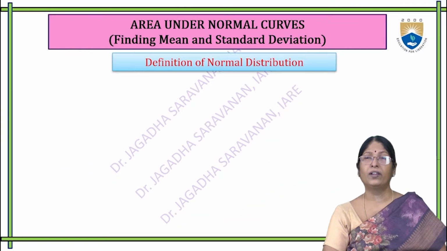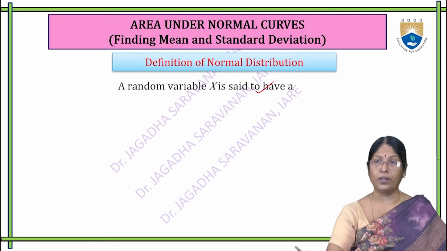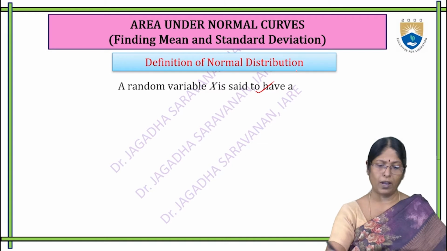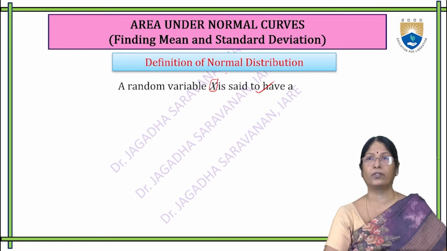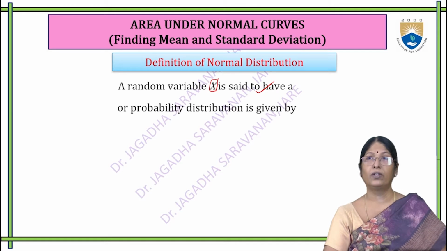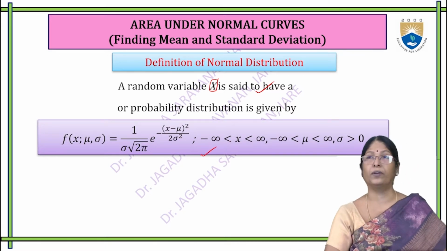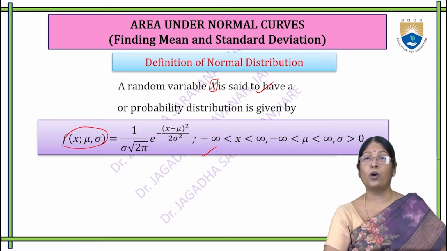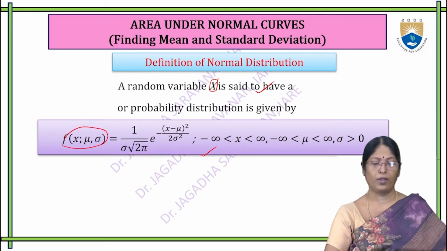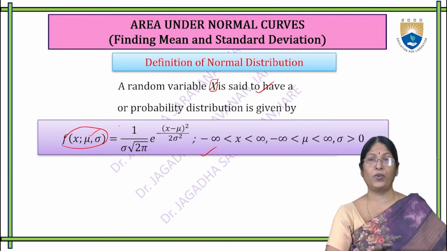The first thing, the definition of normal distribution. A random variable capital X, compulsorily random variables are denoted by capitals, is said to have a normal probability distribution given by f of x comma mu comma sigma, where mu is the mean and sigma is the standard deviation.